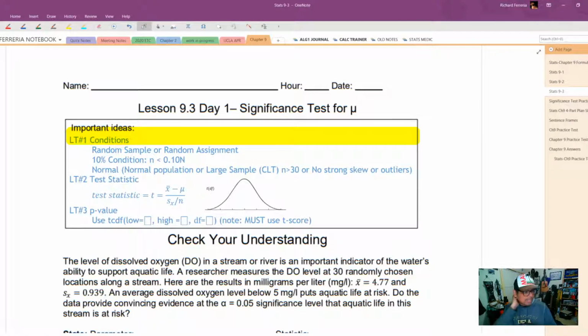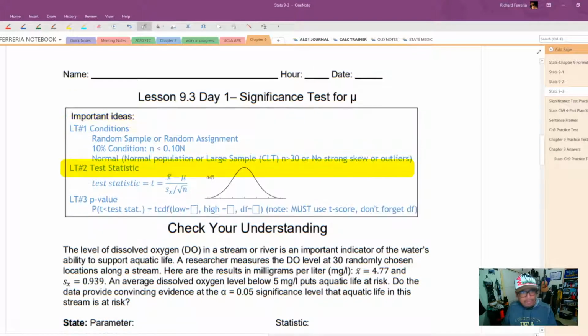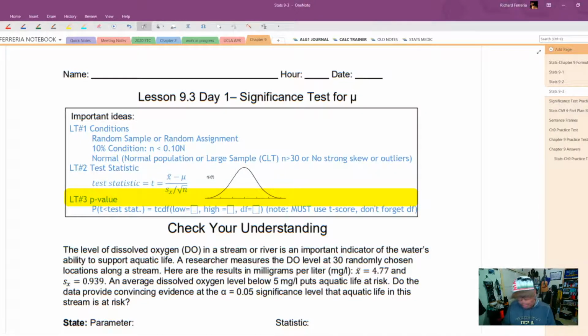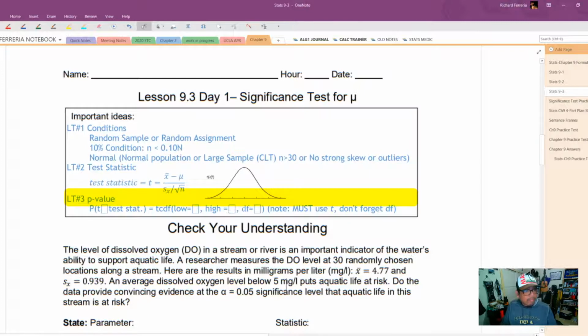Learning target 2. The test statistic is t equals x bar minus mu over sx over square root of n. Catching a couple last minute typos here. And then the third thing is our p-value. Our p-value is a probability that the t-score is less than, well, maybe not just less than, so greater than, less than, or not equal to, and we have the tcdf.